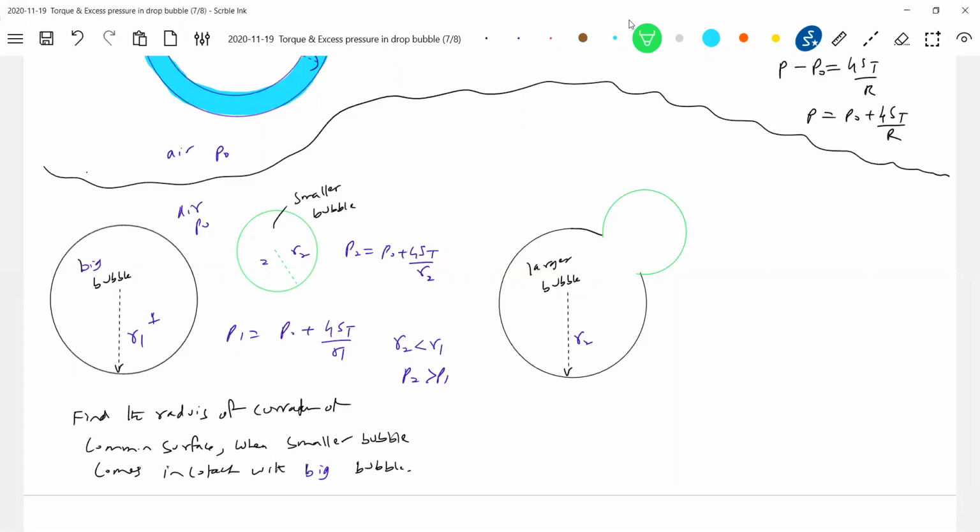Now the common surface area I'll show by red color. Try to see this. Now if I draw the radius of this, it'll come like this.